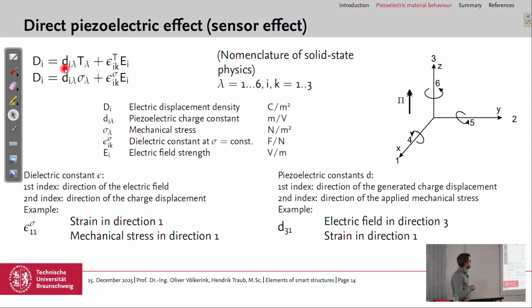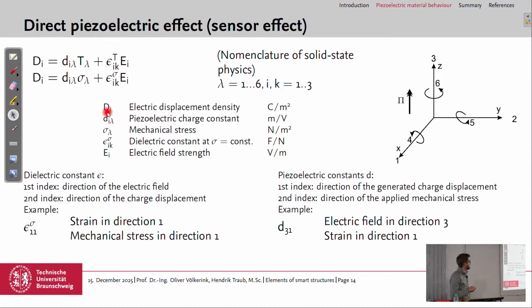So here we have the equations for the charge displacement, again in these 2 notations, with the nomenclature of solid-state physics and the nomenclature we are more familiar with in mechanical engineering, and we will use this one.